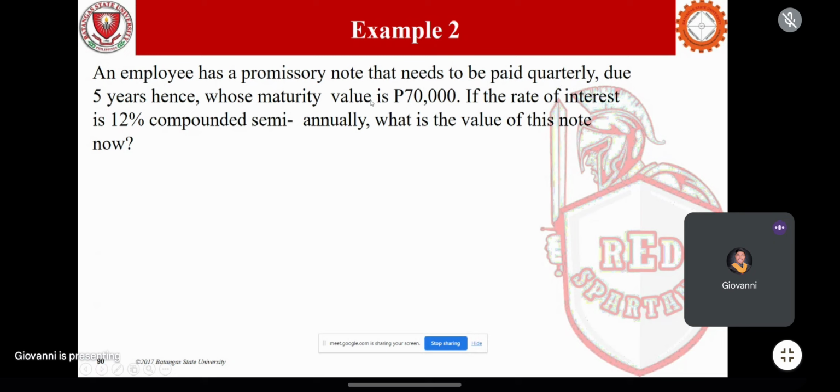Kung siya ay quarterly, dapat ang interest natin ay compounded quarterly din. So you just have to convert this, get the value of i, 12% semi-annually in terms of quarterly, then yun yung gagamitin na interest sa computation. Okay?